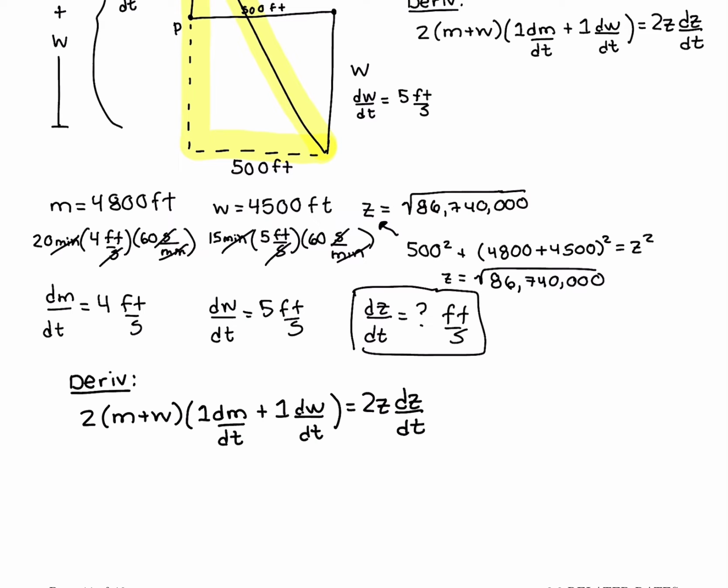First piece we know is we have 2 times m plus w, 2 times 4,800 plus 4,500.